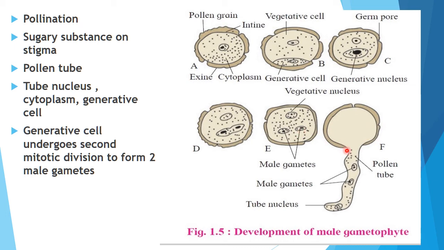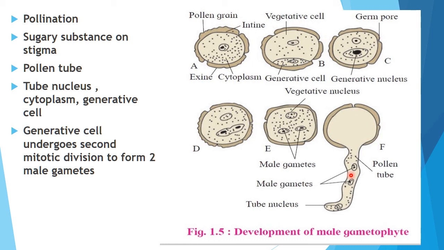There will be two male gametes in the pollen tube, as you can see here, and a tube nucleus, which is the nucleus of the vegetative cell. It degenerates later and has no further role. But the two male gametes both have a role in fertilization, which we will study during fertilization.